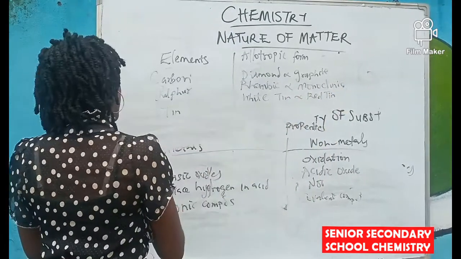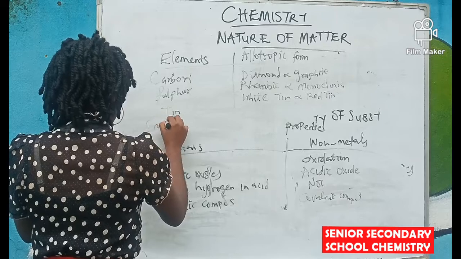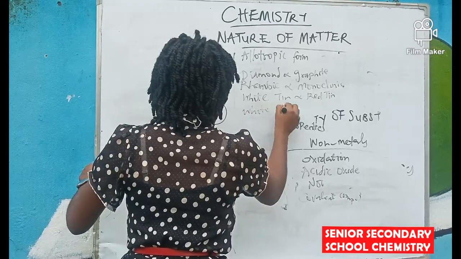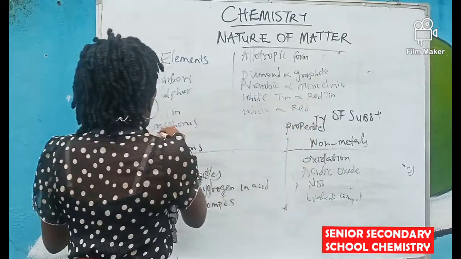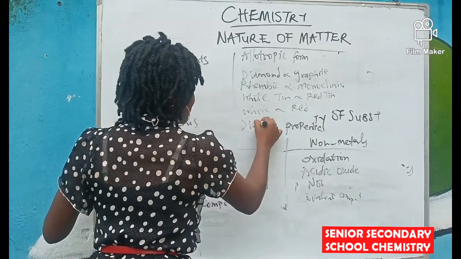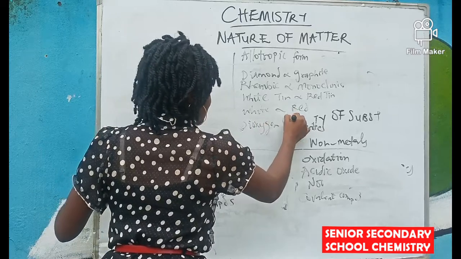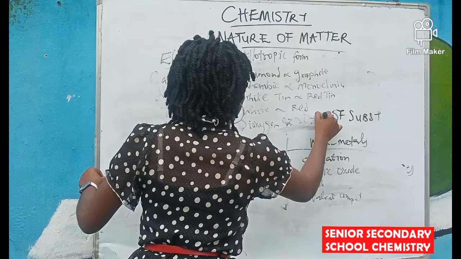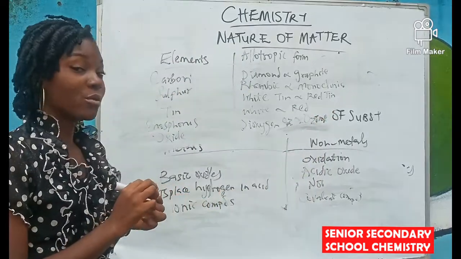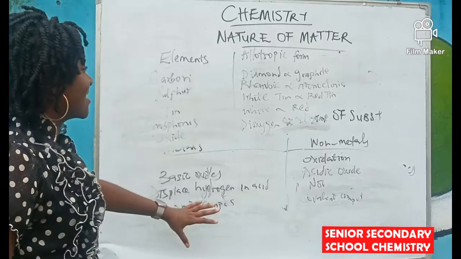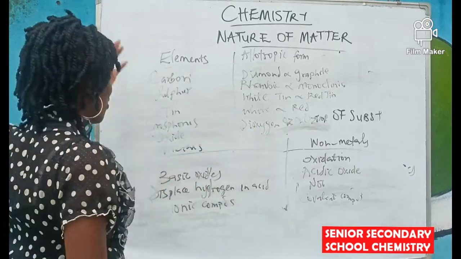For phosphorus, we have white phosphorus and red phosphorus. For oxygen, we have dioxygen, which is the normal oxygen, O2, and ozone, which is trioxygen, O3.